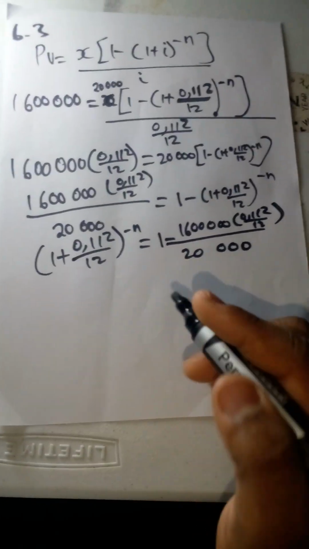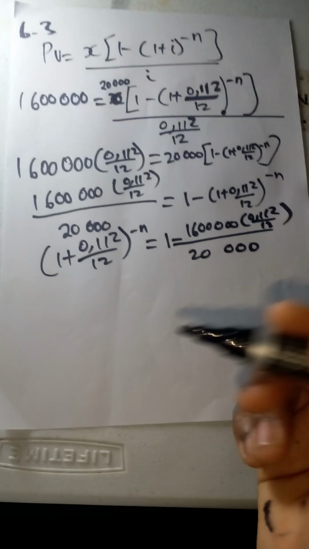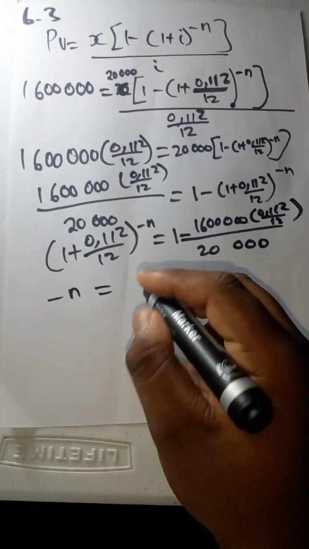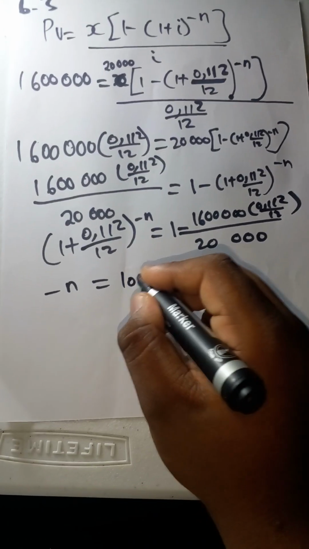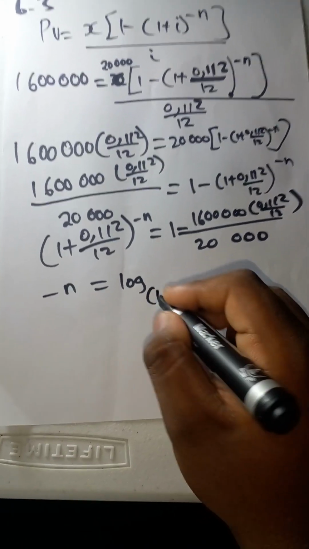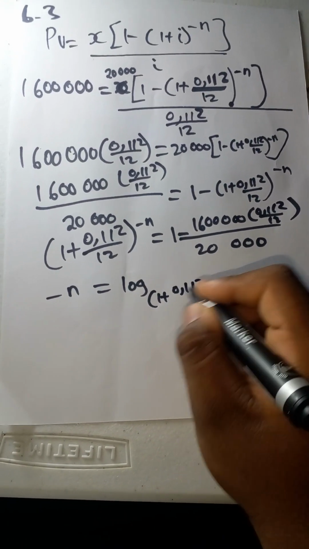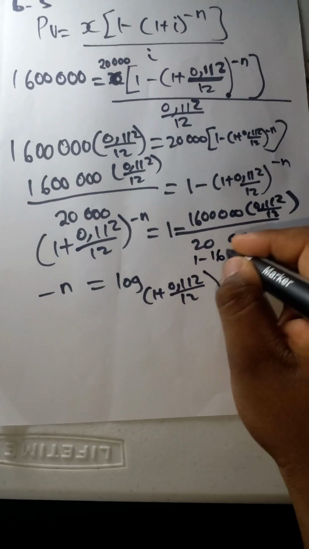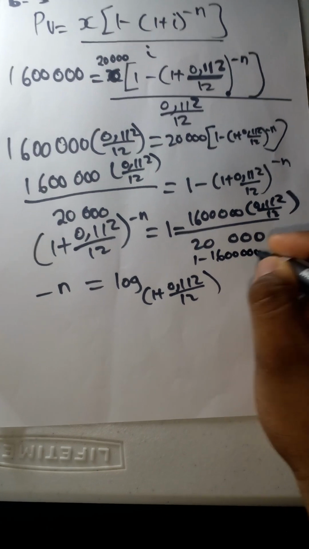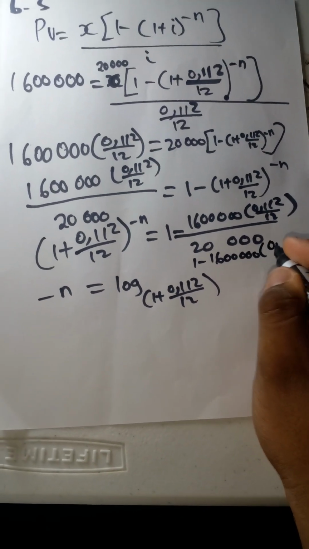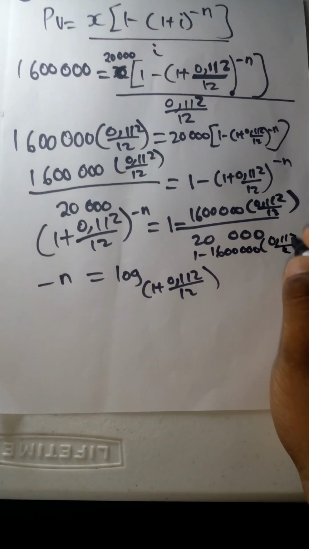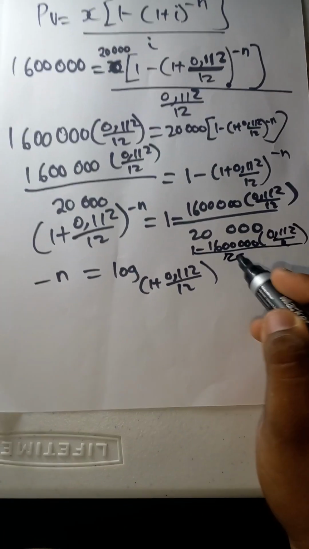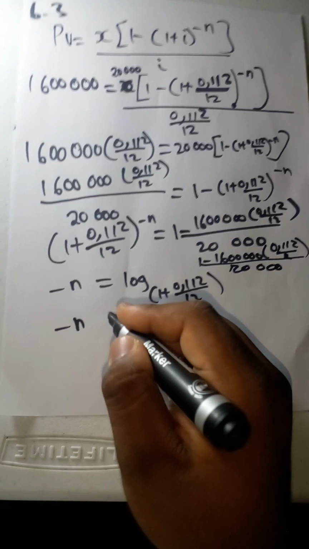You see, now we are gonna do what? Logarithms. So now this will be the same as saying negative n is equals to log base what? 1 plus 0.112 over 12, and then you're gonna write this one 1 minus. I know maybe it's too much, but I prefer this way, over what? 20,000.